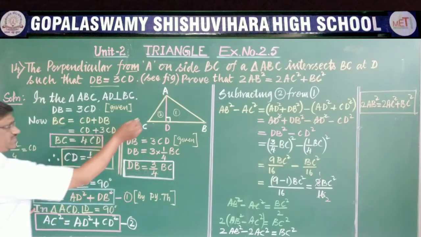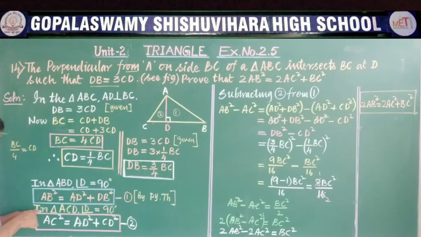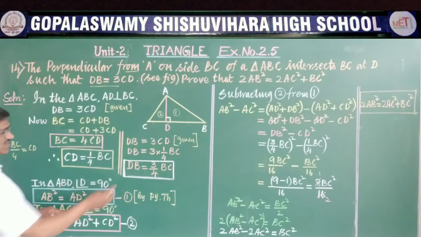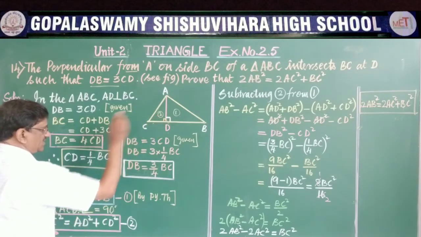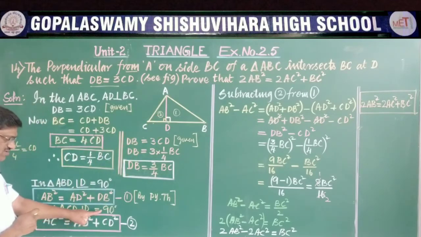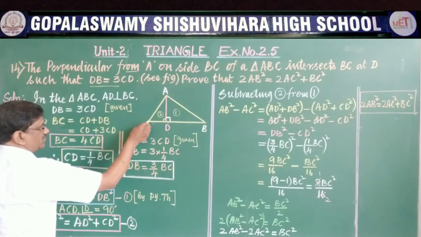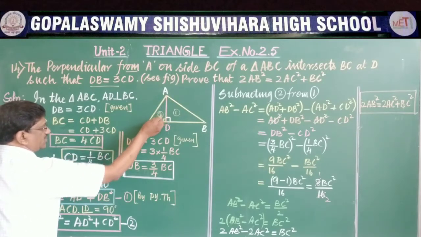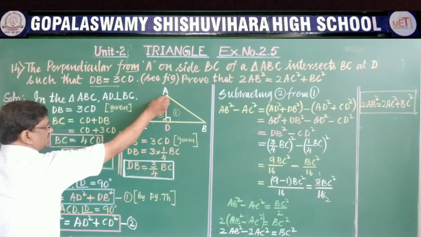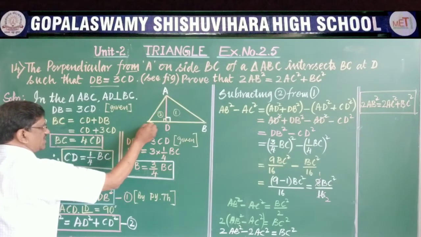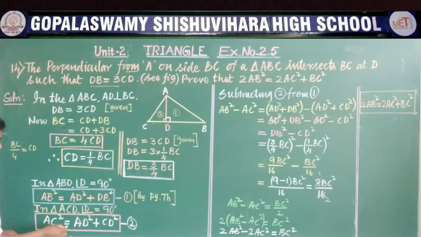Now I will take up the next triangle. In triangle ACD, once again angle D is equal to 90 degrees, because it is a right angle triangle, we can apply Pythagoras theorem. Then AC square, that is the hypotenuse square, is equal to the sum of the squares of the other two sides, that is AD square plus CD square.